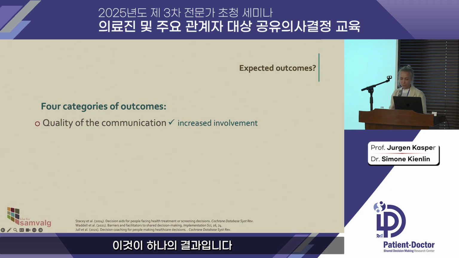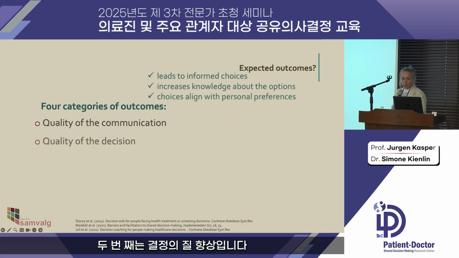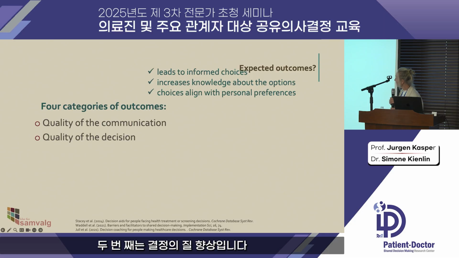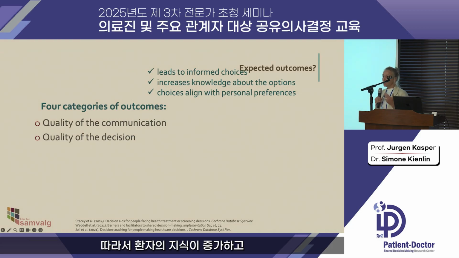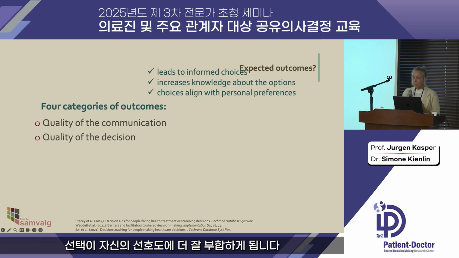And that is one outcome. Also, the quality of the decision making and the decision, we see that it leads to informed choices. We can measure that. There are measures for doing that. It increases knowledge, so a patient is getting more knowledge about the different options, and their choices also align more with their own preferences.